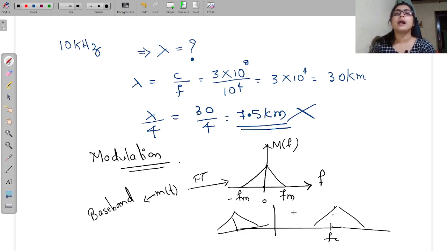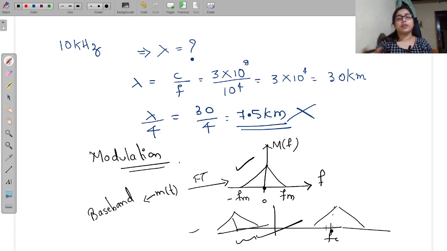So this is your band pass signal, and this is the baseband signal. When I superimpose the message signal on the high frequency signal, they shift in the frequency spectrum. The resultant will be this one. So here, from 0 it went to fc.